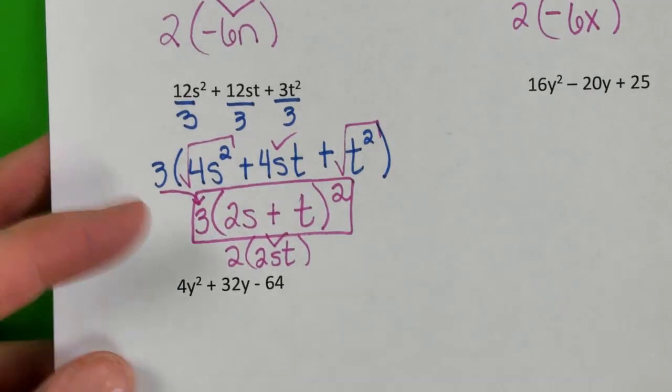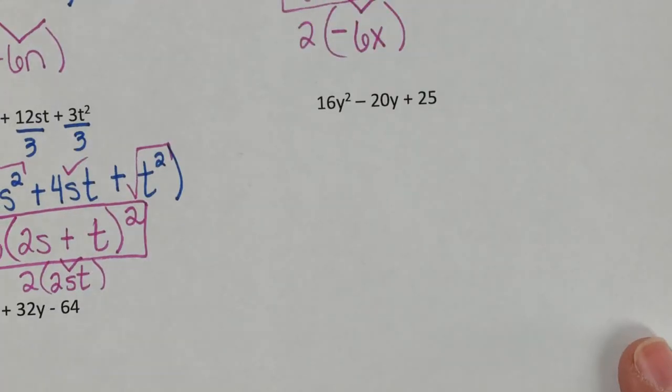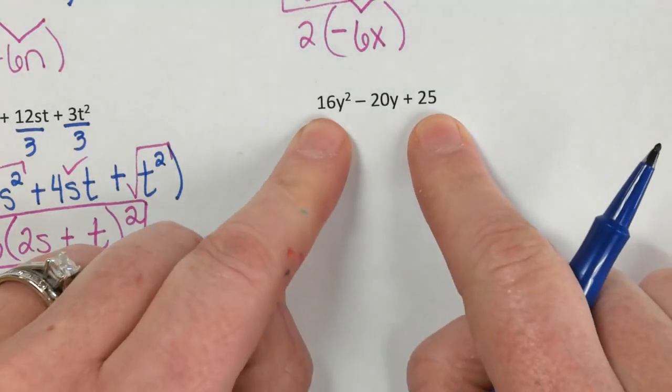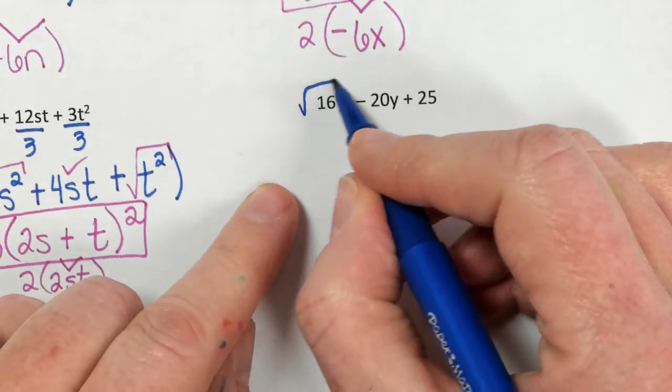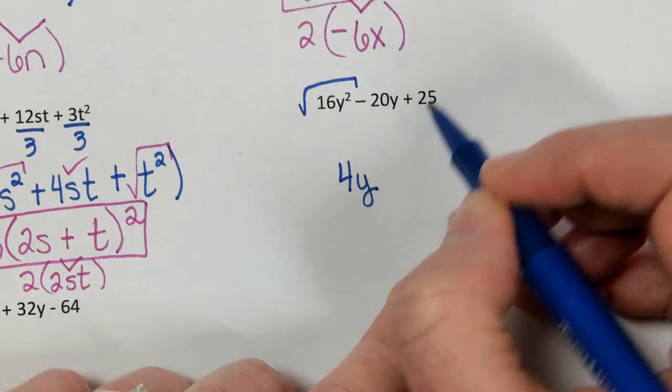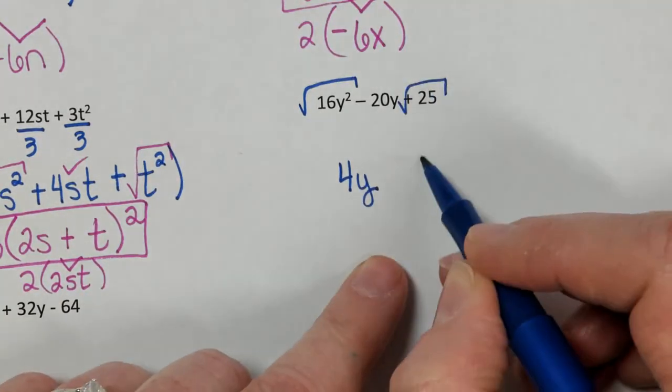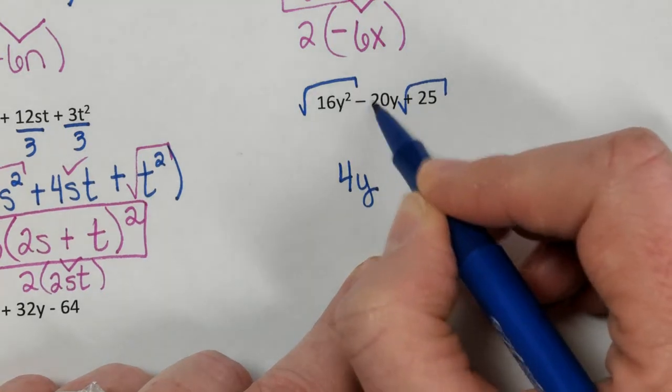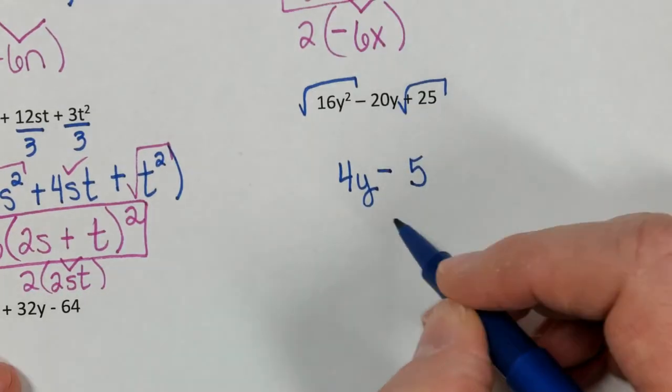Okay, let's look at the next one. Do I have perfect squares? I do. The square root of 16y squared is 4y. The square root of 25 is 5. According to this, I should put subtraction.